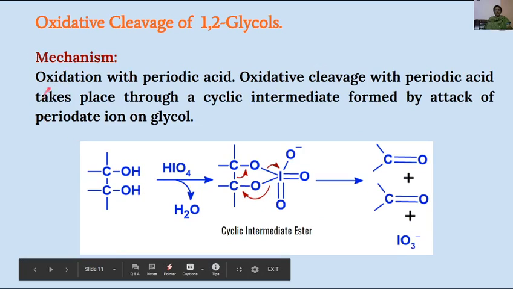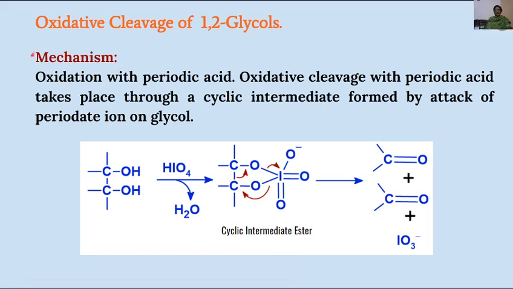Next is the mechanism of oxidative cleavage of glycols. When we oxidize glycols with periodic acid, oxidative cleavage takes place through a cyclic intermediate formed by attack of periodate on the glycol.